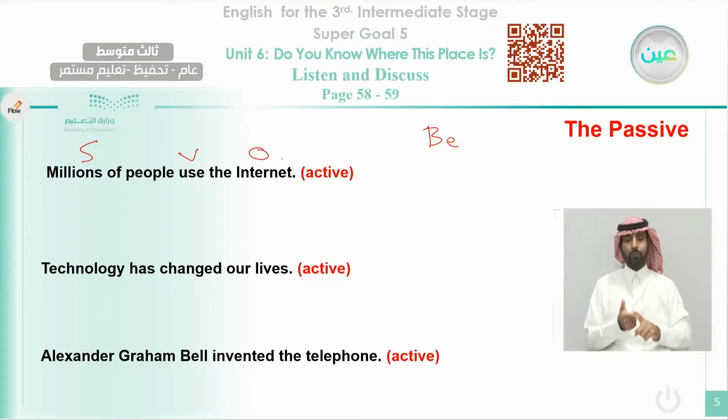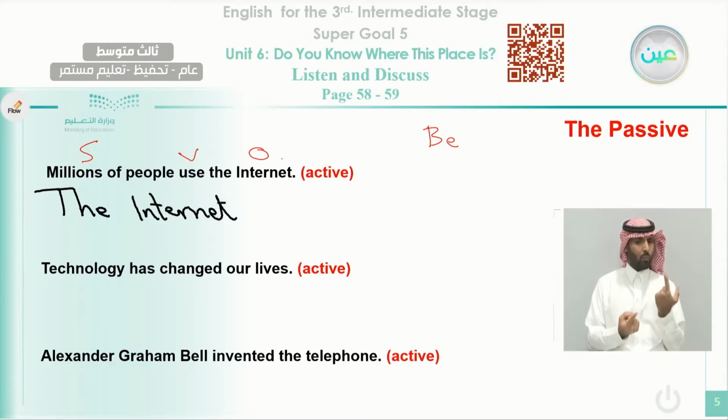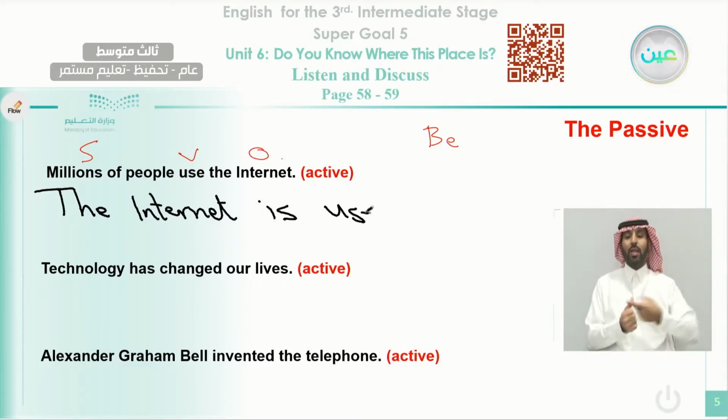Okay. So let's answer this question here. After we specify how we are going to start the passive, as we said before, the internet here, notice that we should start with a capital letter because we're starting a new sentence here. The internet, okay, what is going on in that internet? We can describe it as a singular here, is used. As we said here, we use is as a form of the verb be, and after that we use the verb in the third form.